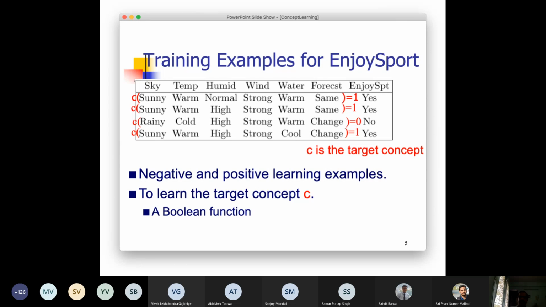Of course, it is not that they are all binary valued attributes. They could have multiple values, but for the sake of simplicity, let us consider all as binary valued attributes. Like sky is sunny or not sunny, temperature is warm or not warm, something like that. We'll go through those examples later on also.